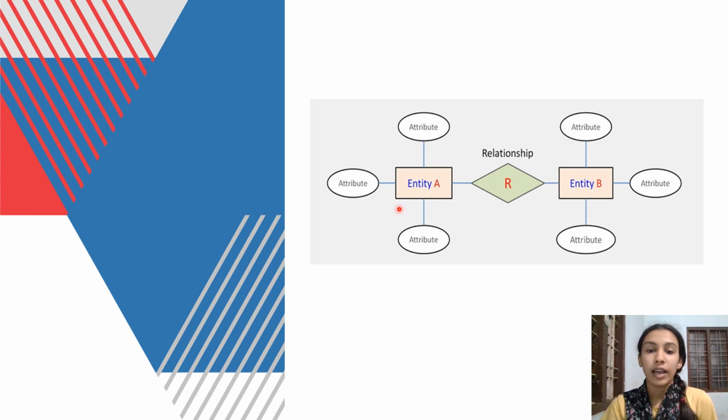Entity A has some attributes, and it can be name, age, place, or anything. And in the same way, entity B also has some attributes. So it is a general idea of how an ER diagram looks, or how we can draw an ER diagram. It is a basic, or fundamental, idea.